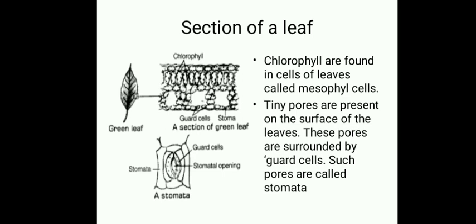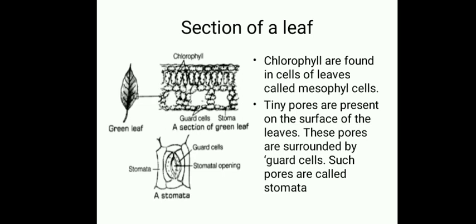Now apart from chlorophyll, the small openings in the leaves, which are called the stomata, are also there in the leaf, as you can see here. This is the stomatal structure that is found in the uppermost and the lowermost layer of the leaves. It consists of two cells which are called guard cells.